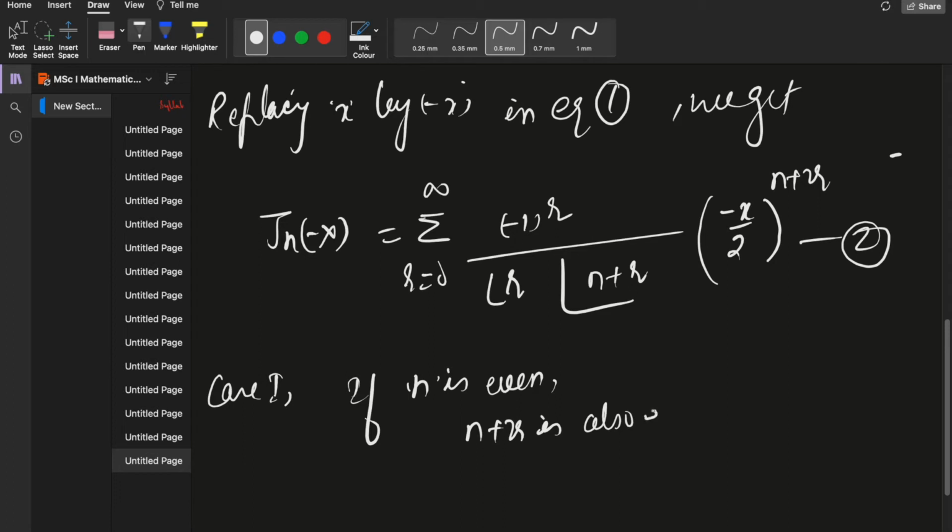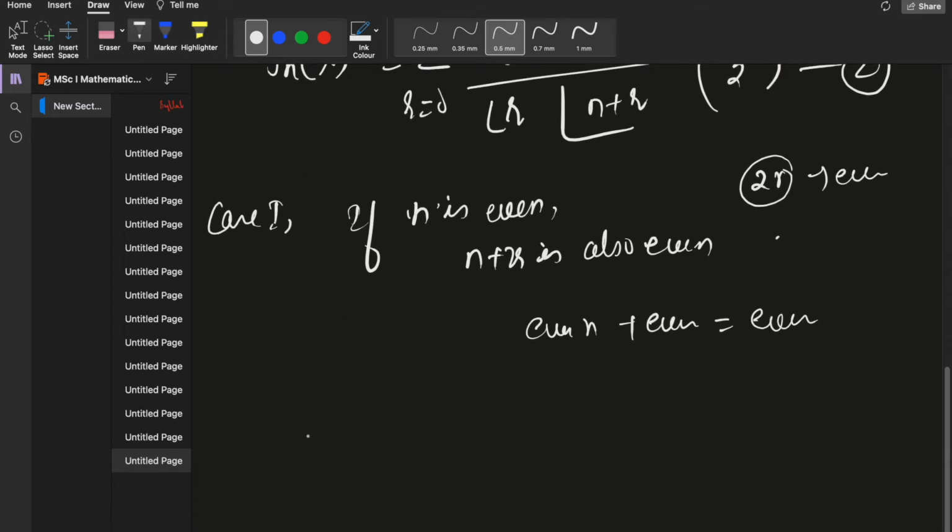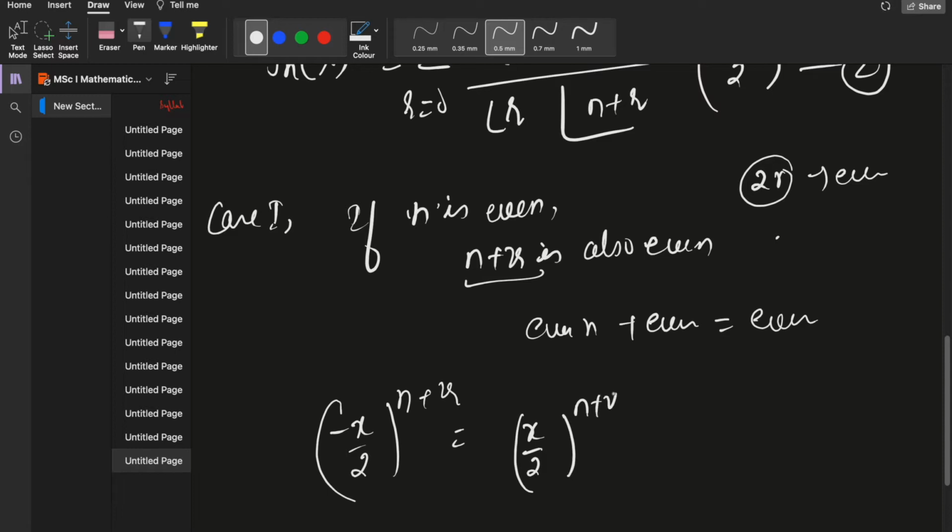Why? 2r will always give me an even quantity, and even plus even will always be even. So if n plus 2r is even, I can write (-x/2) to the power n plus 2r as (x/2) to the power n plus 2r.